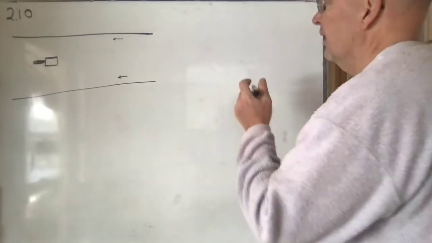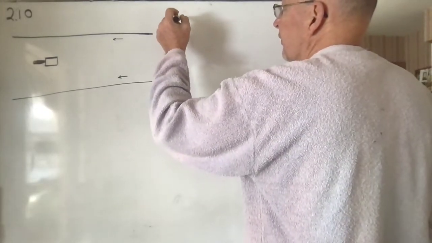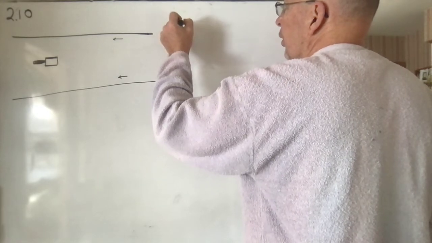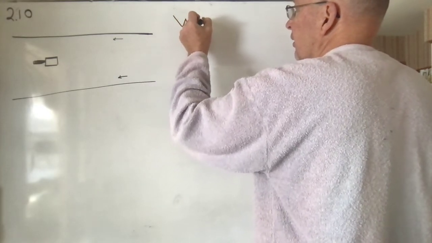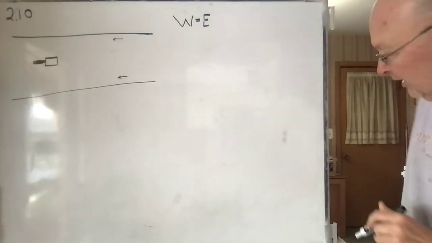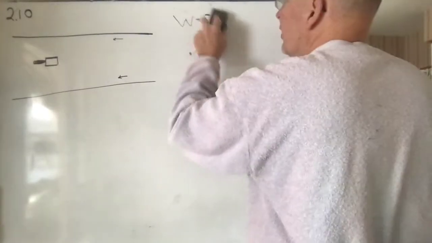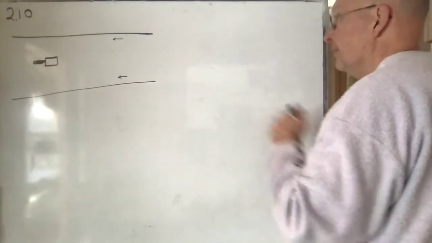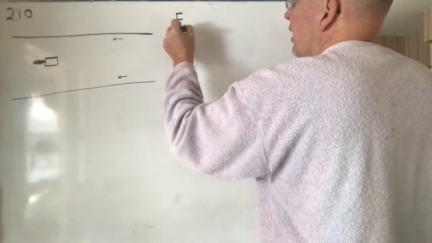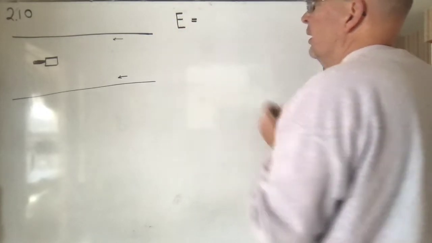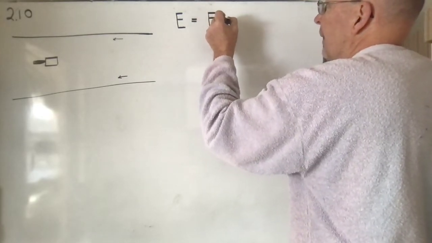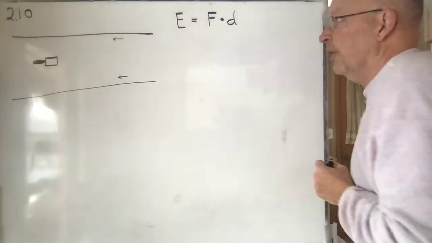One is that I remember from high school physics that the work or the energy, I'll use both W and E here. What do I use in the book? I use E for energy. I'll just use E for energy, but it's the same thing as the work. The energy involved is equal to the force that you're exerting times the distance that you travel.